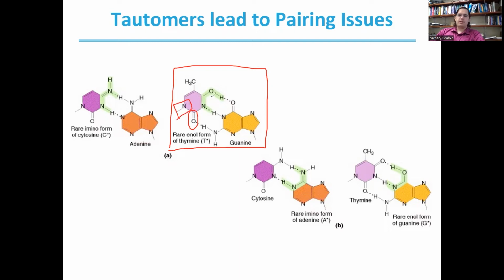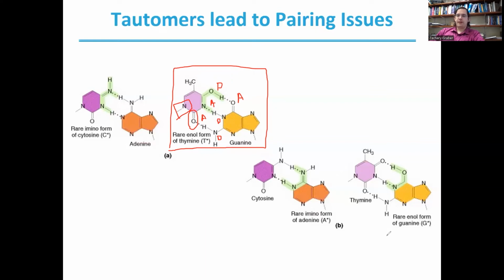So we only switch our top two groups into the enol form, and so now we get a donor, acceptor, acceptor pattern, and this perfectly matches with our guanine. Guanine has an acceptor, donor, donor pattern, and we can base pair between our enol form of thymine and our guanine.